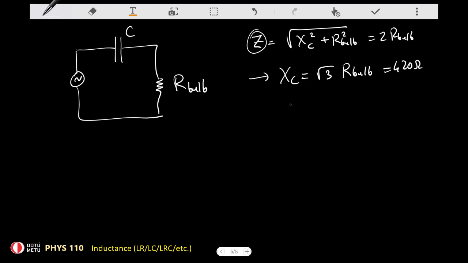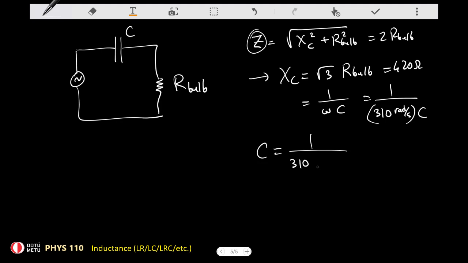But in this case, Xc is equal to 1 over omega times C. So that means 1 over 310 radians per second multiplied with the capacitance. So that means capacitance should be equal to 1 over 310 multiplied with 420. Let me put a cross in here.